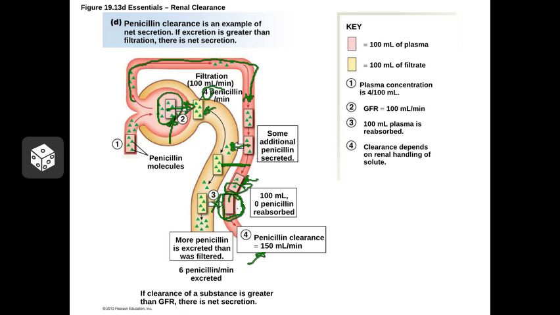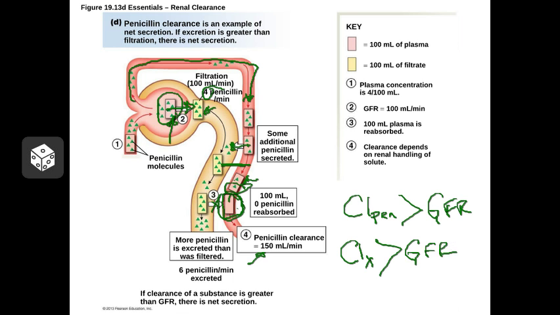So, if the clearance of penicillin is greater than GFR, what do we know about the kidney handling it? If you chose that there is net secretion, you are correct. We can say this about any substance. Substance X clearance is greater than GFR, we know there is net secretion.